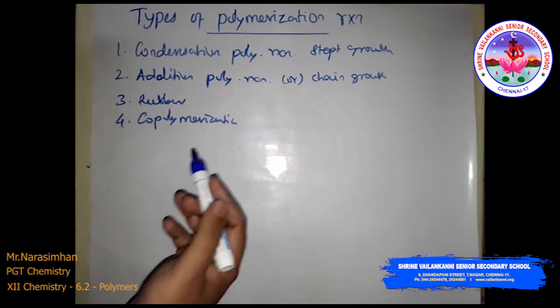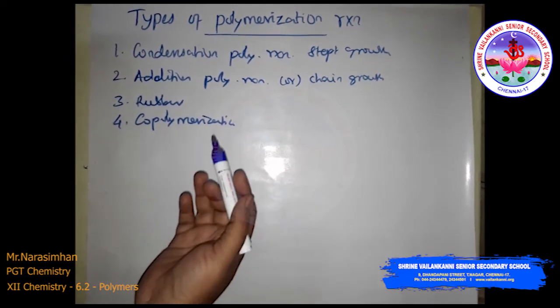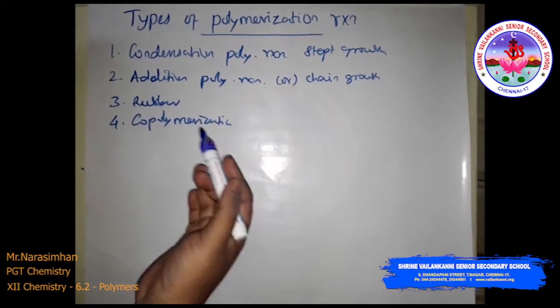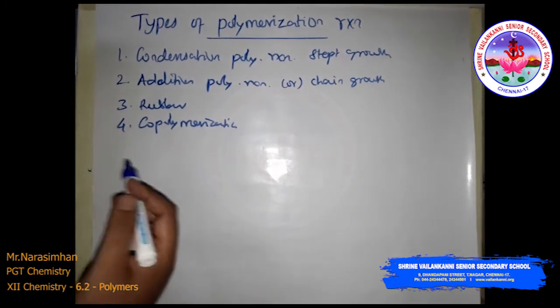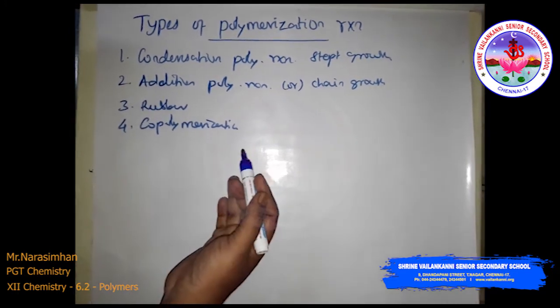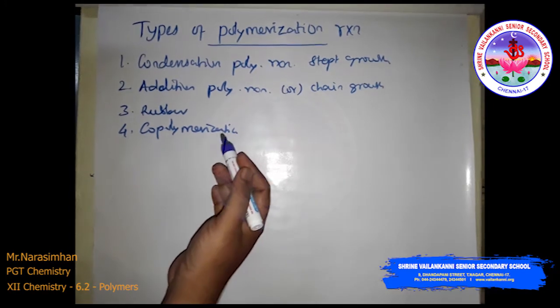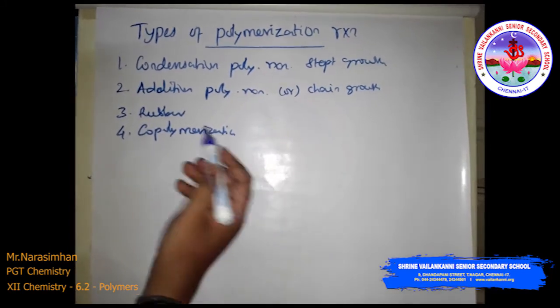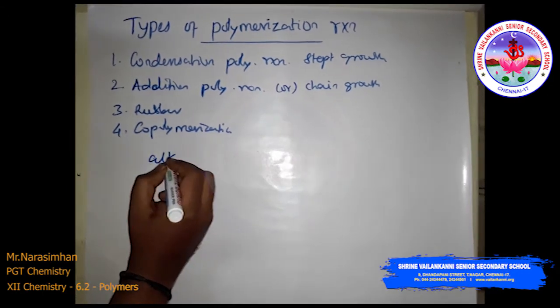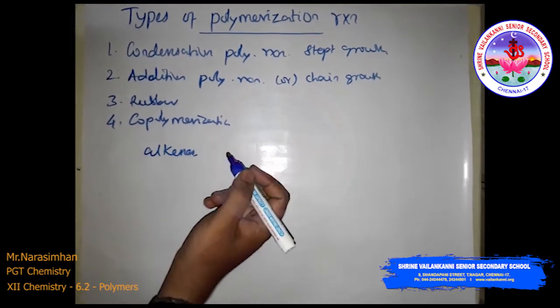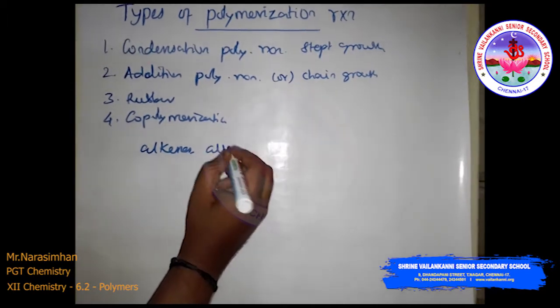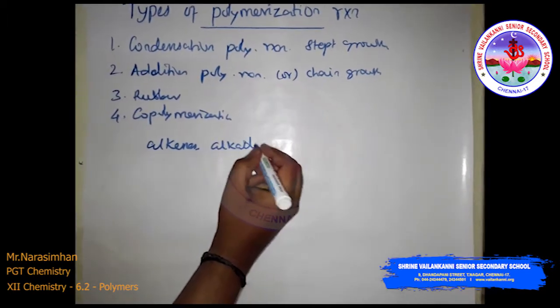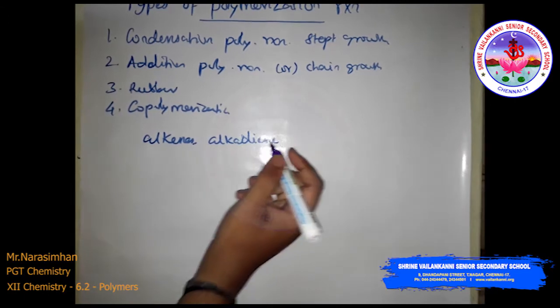What is the addition polymerization reaction? It means that molecules of the same monomer or different monomers add together on a large scale to form a polymer. That means the monomers used are unsaturated compounds like alkenes, alkadienes, and their derivatives.